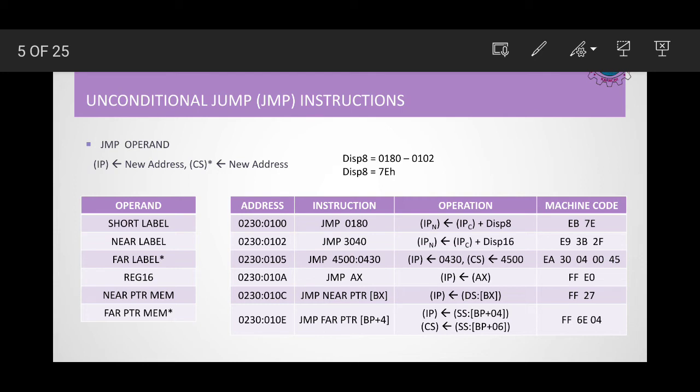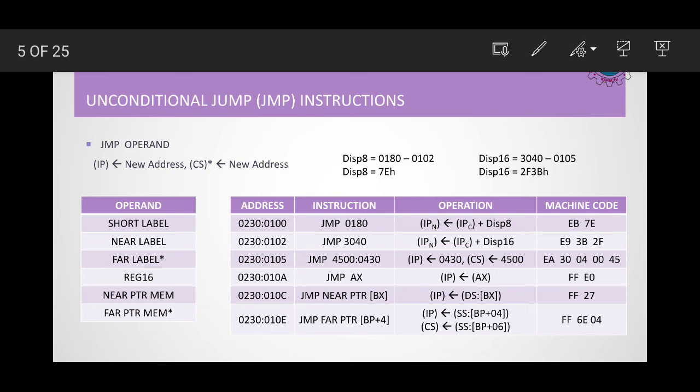Now we are going to discuss the second instruction, JMP 3040 hex, that is written at offset 102. If we calculate the displacement, we find that the displacement is of 2 bytes, and the value for displacement will be 3040 minus 105. As this jump is of near type, it will be stored in 3 bytes, written at 102.